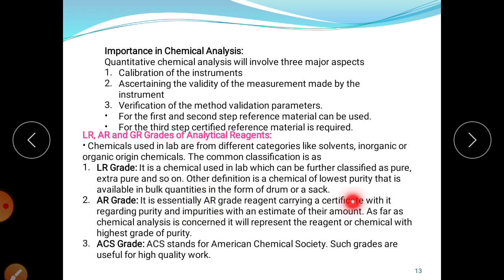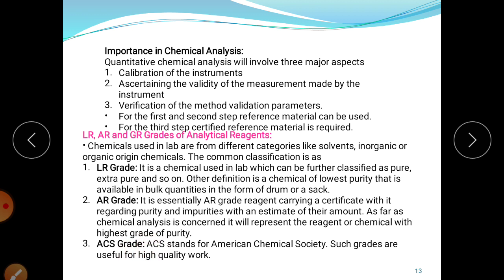It is mentioned in the certificate. Its purity is also mentioned in the certificate. So as far as chemical analysis is considered, this AR grade chemical represents the reagent with the highest grade of purity.